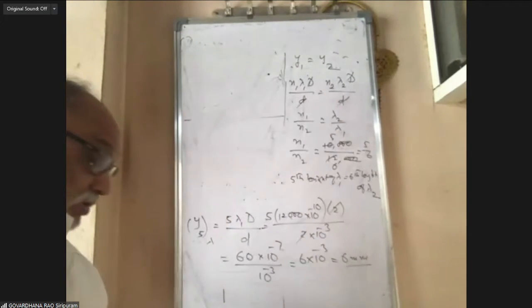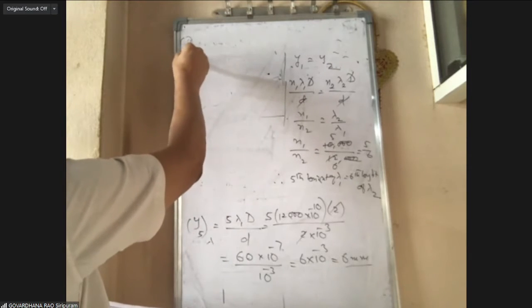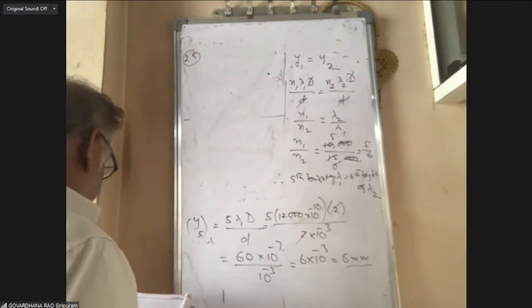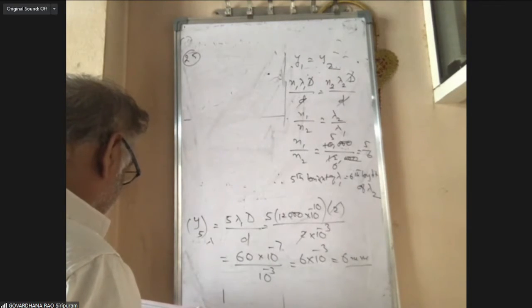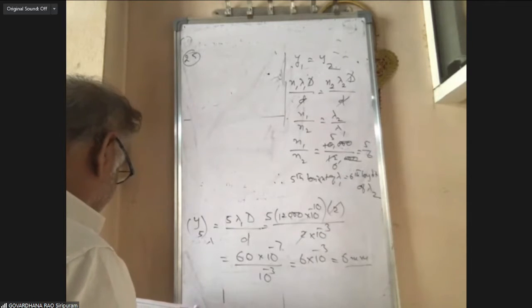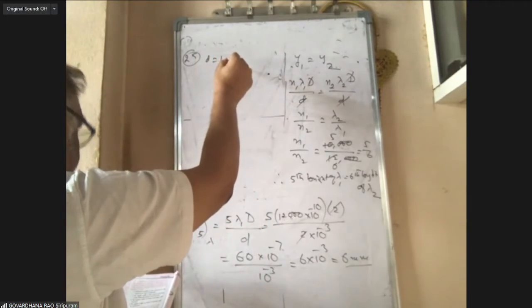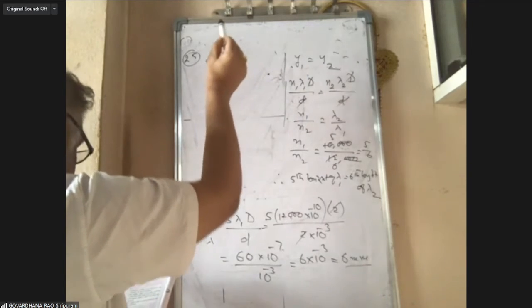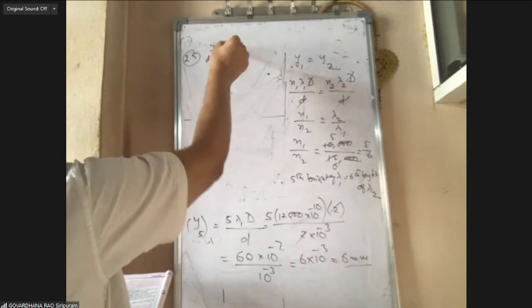Next, look at question 25. In Young's interference experiment, yellow light is composed of two wavelengths. The small d is 1 mm and the capital D is 1 meter.